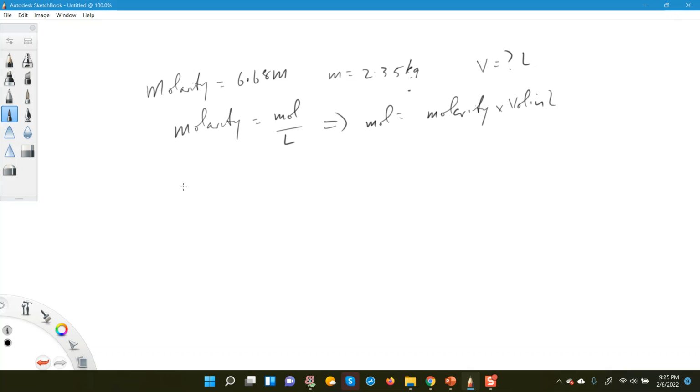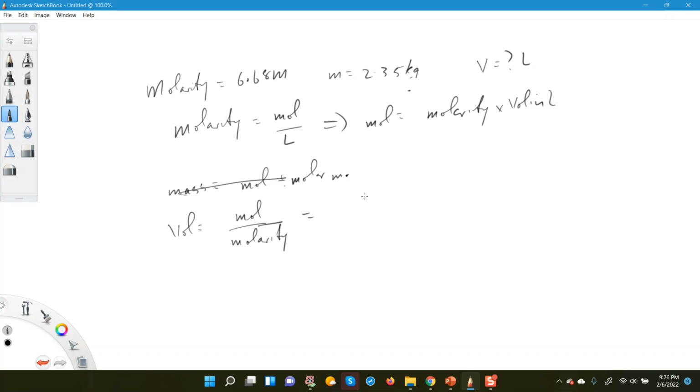And then to get the mass, that will be equal to the moles divided by the molar mass. Actually, wait a minute. The question is asking for the liters. I'm sorry. So basically, the volume in liters is equal to the moles divided by the molarity. I don't know why I'm making this thing more complicated.